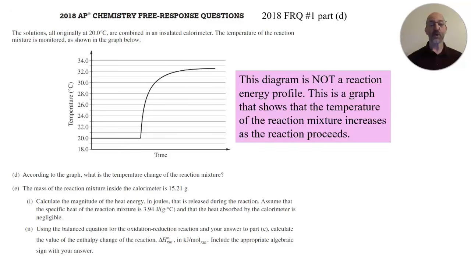So just make sure that you are very clear when you're looking at a diagram to focus on the label for the y-axis and the x-axis. So this diagram is not potential energy versus the reaction coordinate. Instead, this diagram shows temperature versus time.